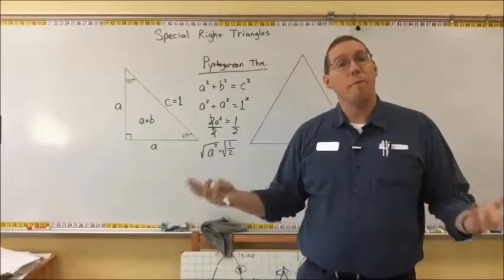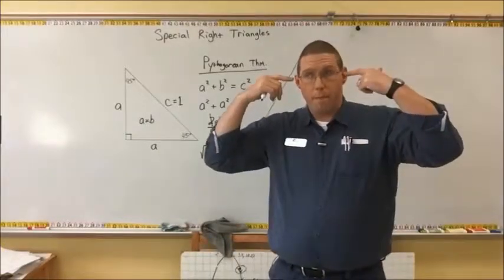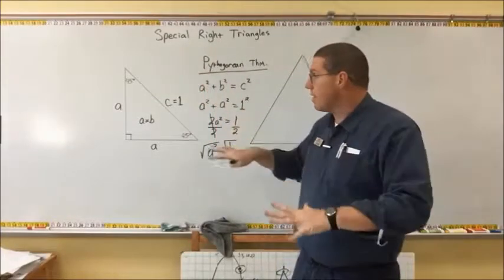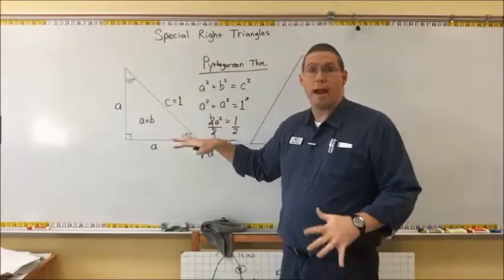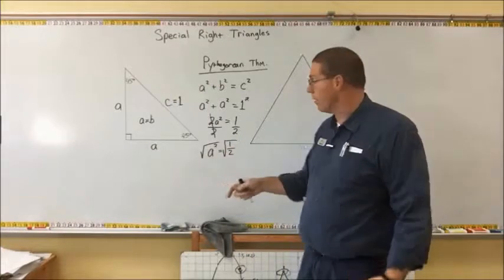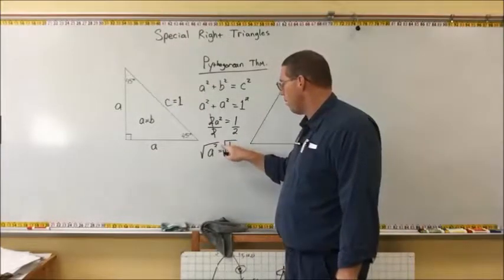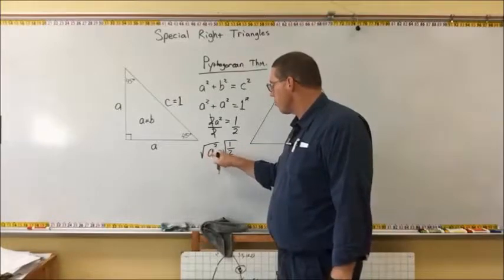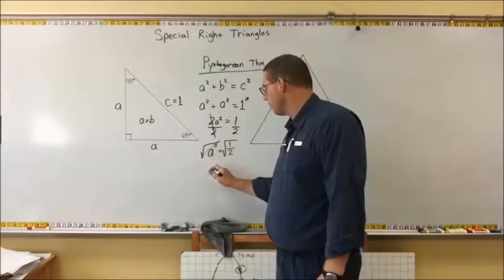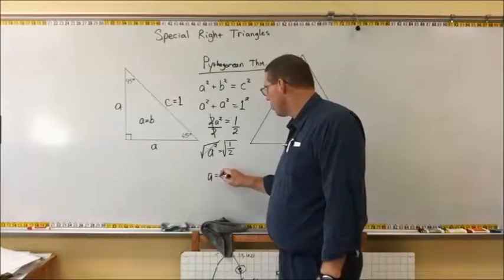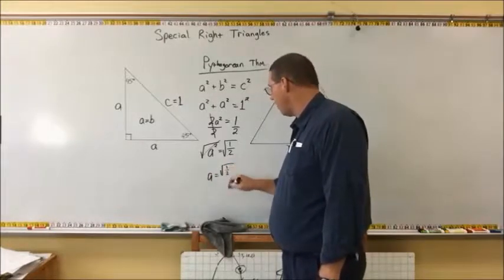Negative lengths have meaning abstractly, but in the case of a physical triangle, the side has to have a positive length. So we're just going to leave it as positive. The square root of A squared cancels, and we now have A is equal to the square root of 1/2.